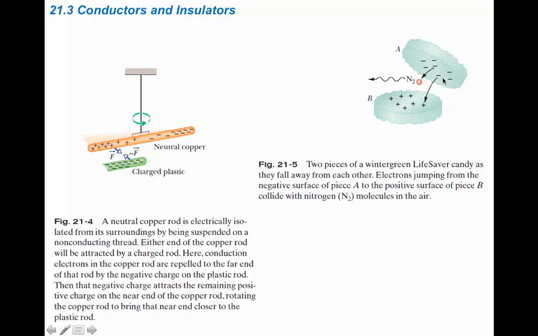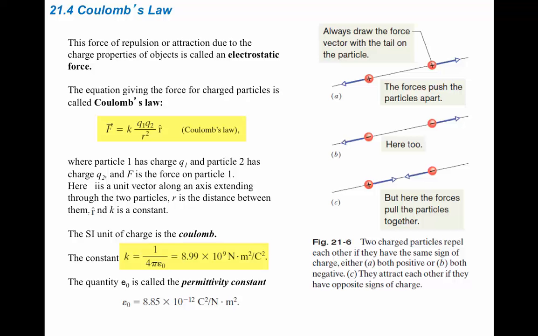So the electron, which is attracted to the positive ion, jumps from this piece to that piece. Some of them, when they do so, strike a nitrogen atom in the air. When they do that, the nitrogen atom emits ultraviolet light, which is then absorbed by one of the chemicals that makes up the wintergreen flavoring, and that will then emit the blue light that you see. That's, if I understand correctly, what's going on.